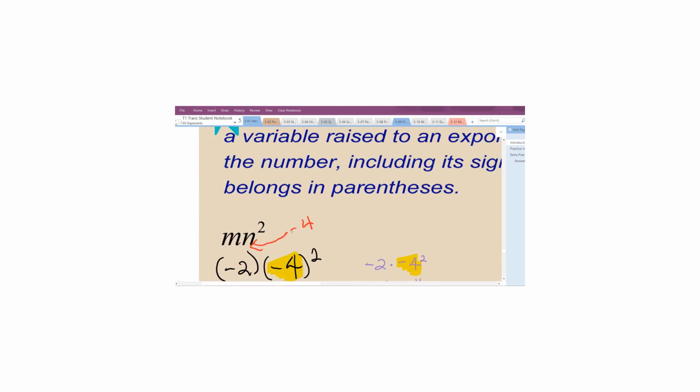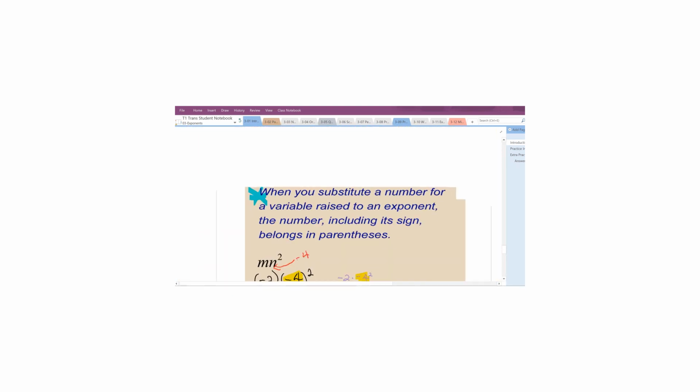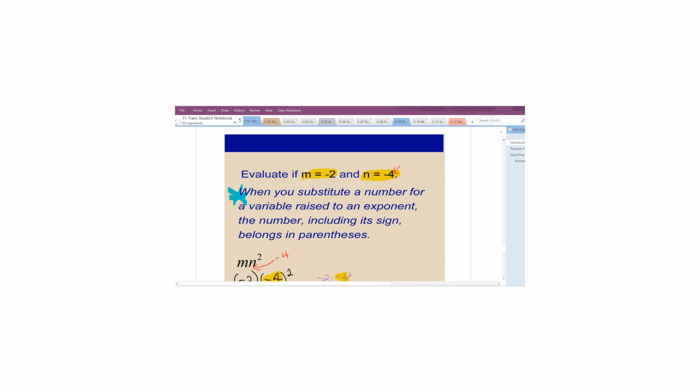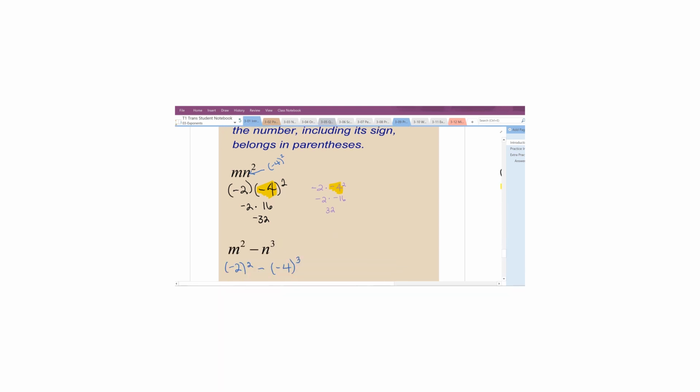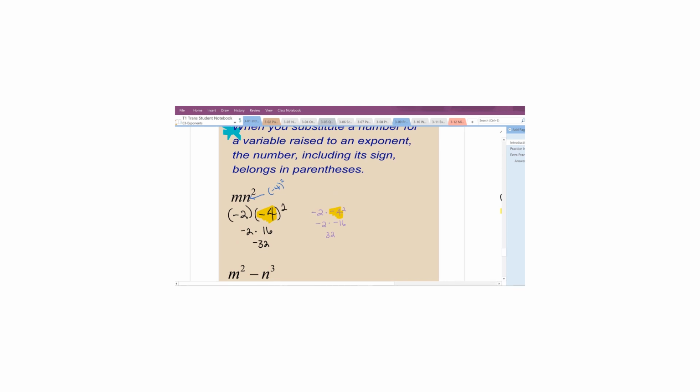And when you're doing a substitution problem, you're being told that the variable n is negative 4. So when you substitute negative 4 in the place of n, and you know that n is being squared, you know that negative 4 is being squared. Not just the 4, but the negative too, because n is negative 4. So try the next two problems and then come back and see how you did.